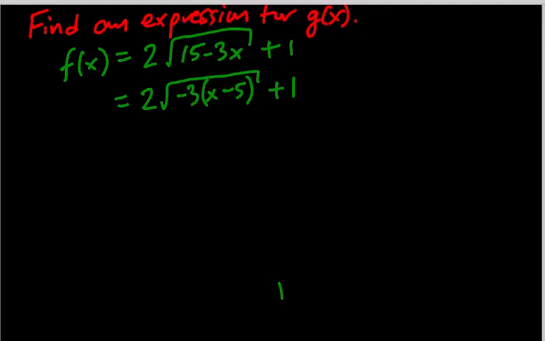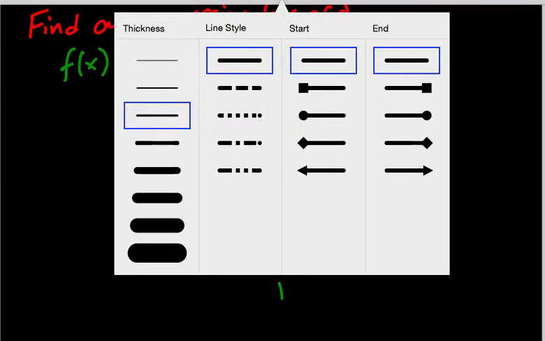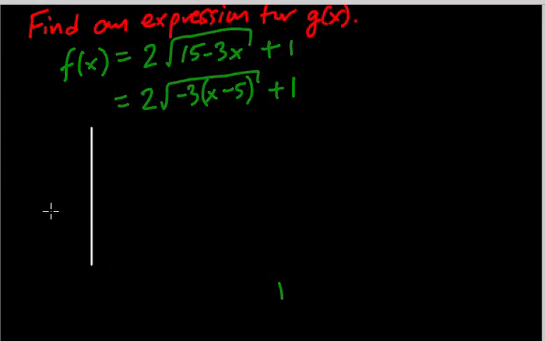So let me draw a line. There we go. So here are my axes. Basically, I'll draw this with yellow first.